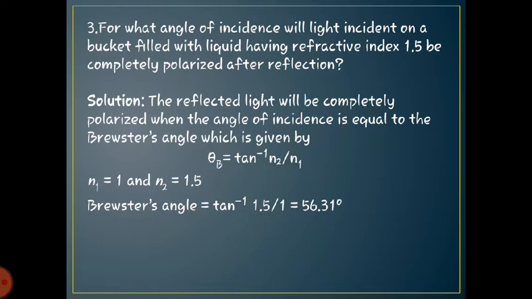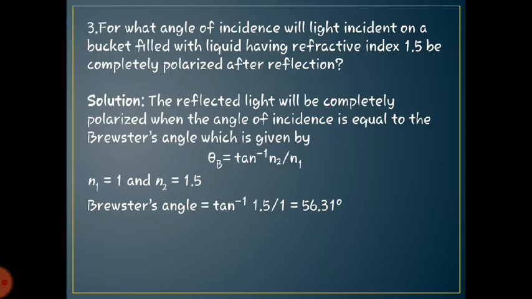What is Brewster's law? It is nothing but the polarizing angle is tan inverse of n2 by n1. That means the ratio of refractive indices of two mediums, right? So this is the example which deals with Brewster's law. Let's see what it is.